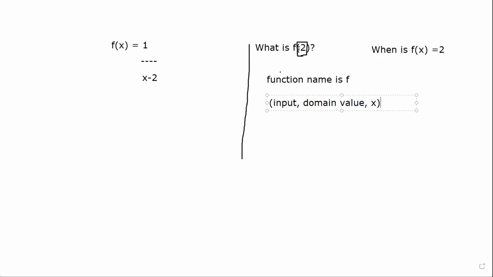And then we have an output, which is f of whatever that input is, and that's typically our y value or our range. You with me? So that's typically how this works.